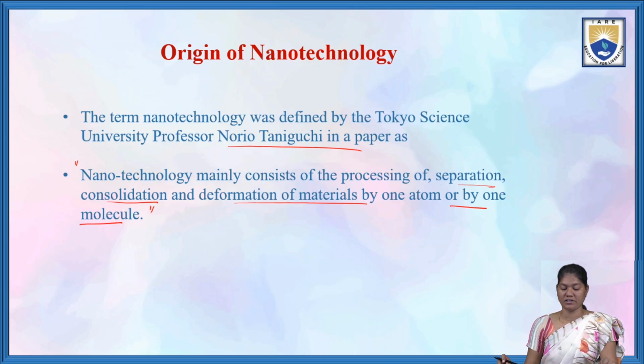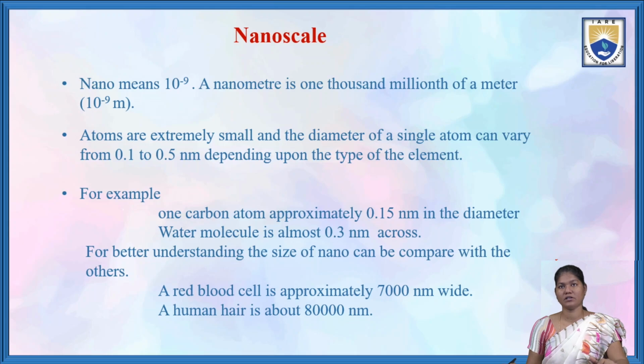The definition is: nanotechnology mainly consists of the processing of separation, consolidation, and deformation of materials by one atom or by one molecule. So we are talking about the scale, going down to the needed scale.